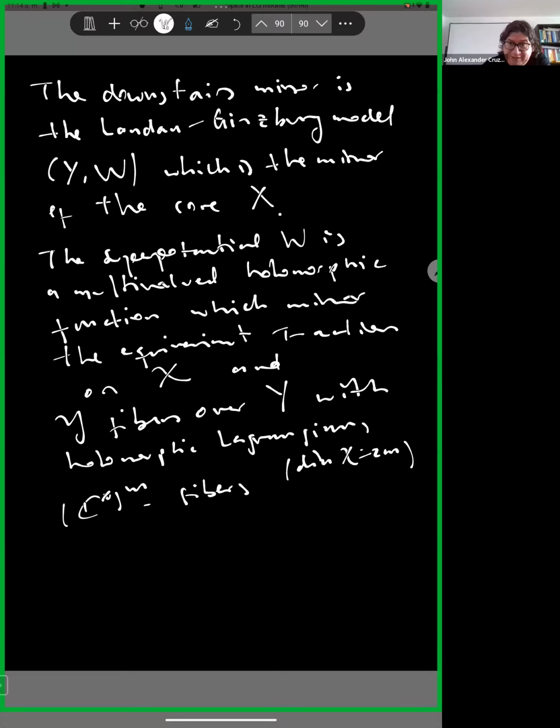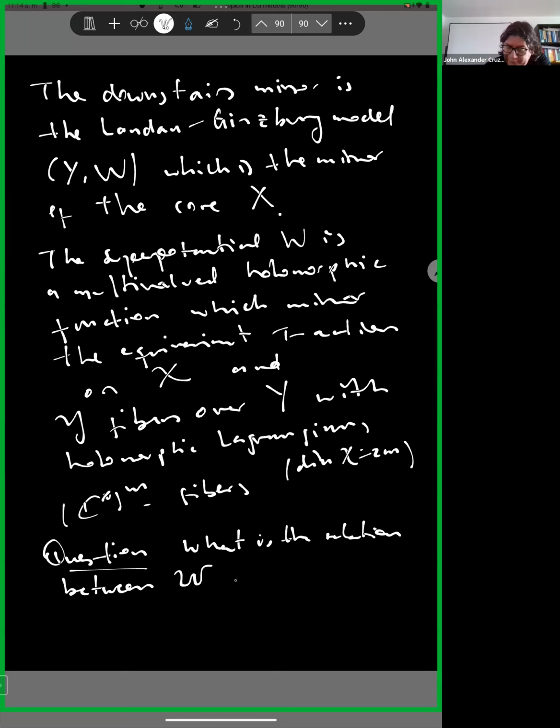But it remains the following question. So we have two potentials, curly W and the usual W. What is the relation between this curly W and this W?